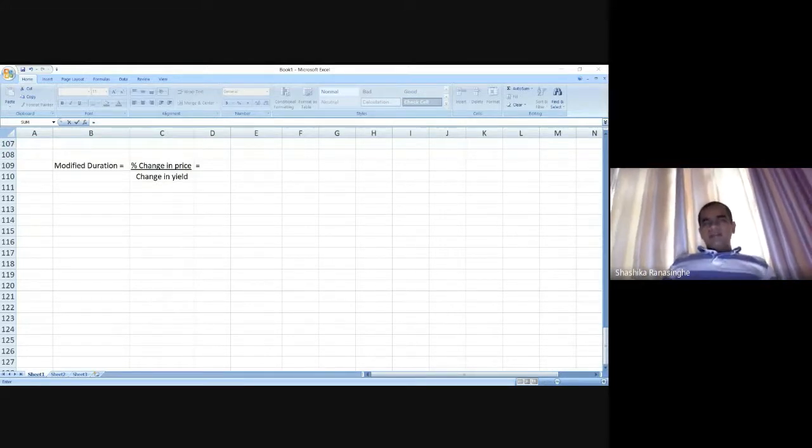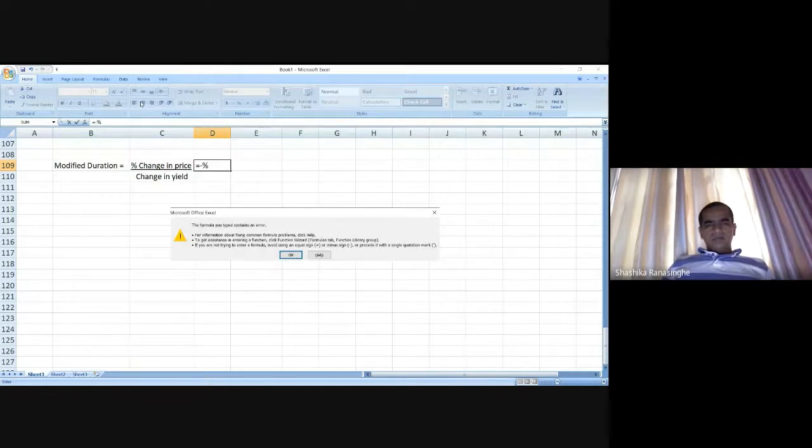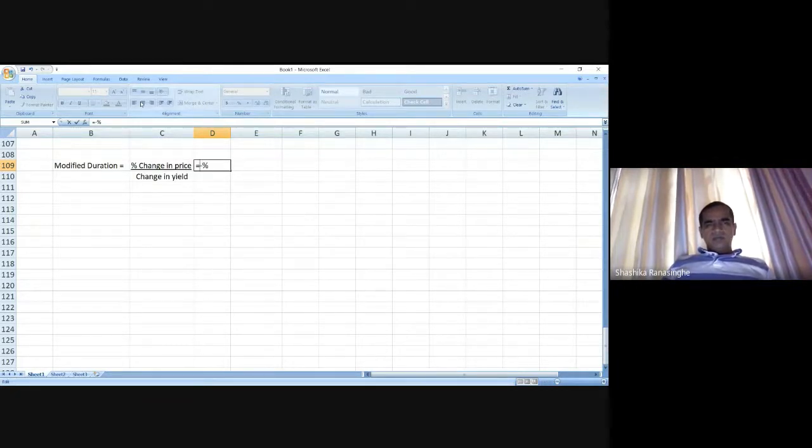Percentage change in price: price is falling by 5%, that means minus 5%.